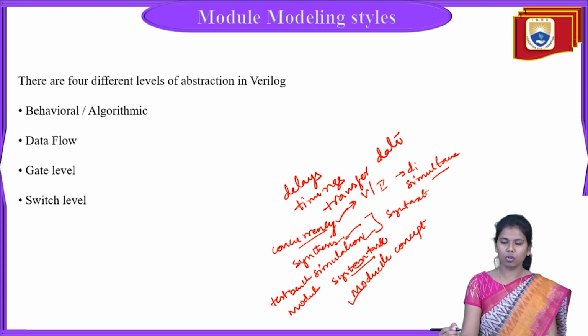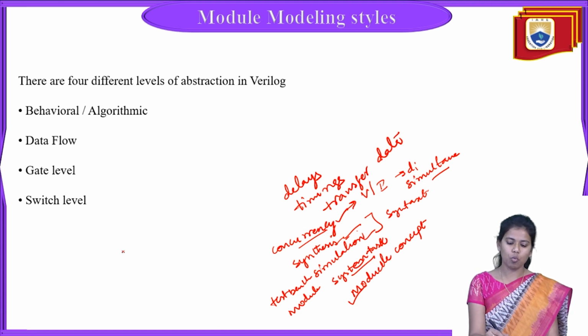And coming to the module concept, we discussed what a module is, a circuit diagram, and what consists of a module. A module consists of input ports, output ports, and also in-out ports.